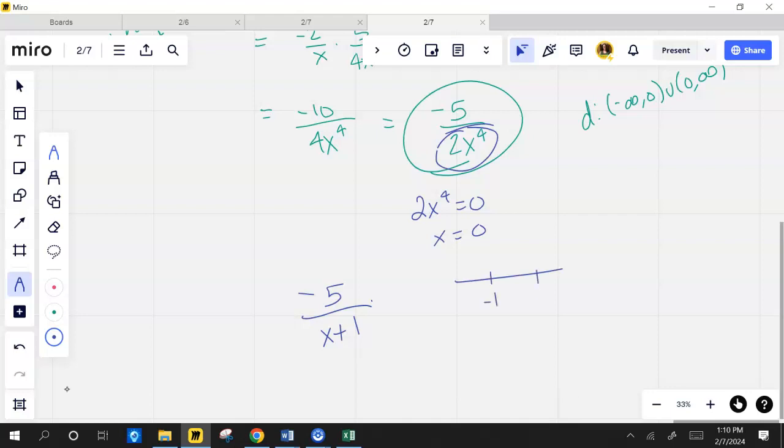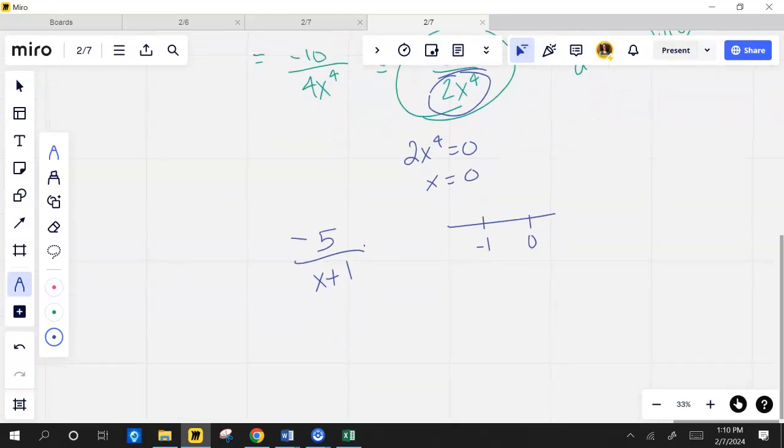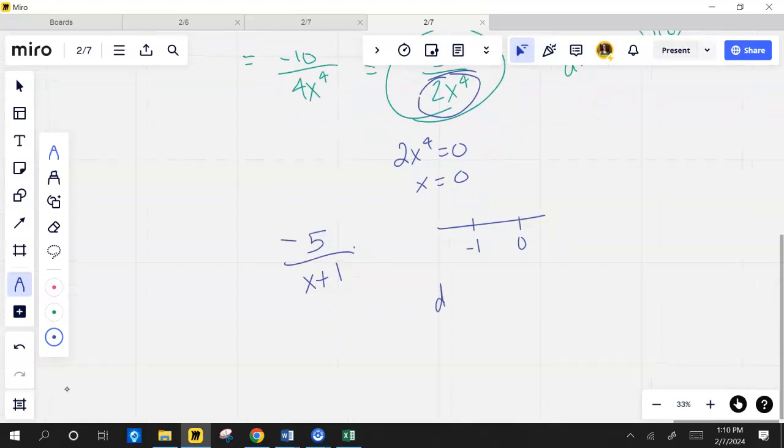If I have to leave out negative 1 and 0, then I'm going negative infinity to negative 1, negative 1 to 0, 0 to infinity. If you had to leave something else out, every time you leave out a single value, this is how you do it with back-to-back parentheses, every single time.